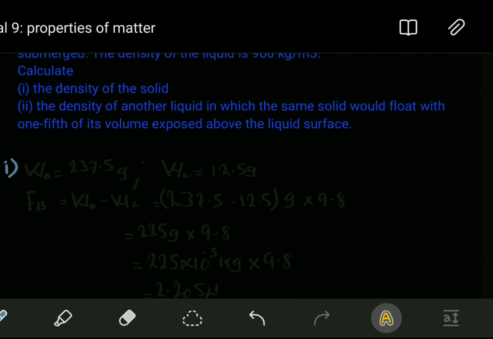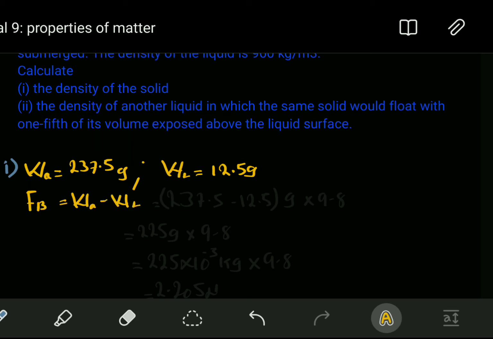Okay, so we want to find the density of the solid here. We know that the weight of this solid in air is 237.5 grams, and the weight of the solid in the liquid is 12.5 grams. Okay, so from here, the buoyant force is given as the weight of the object in air minus the weight of the object in the liquid.